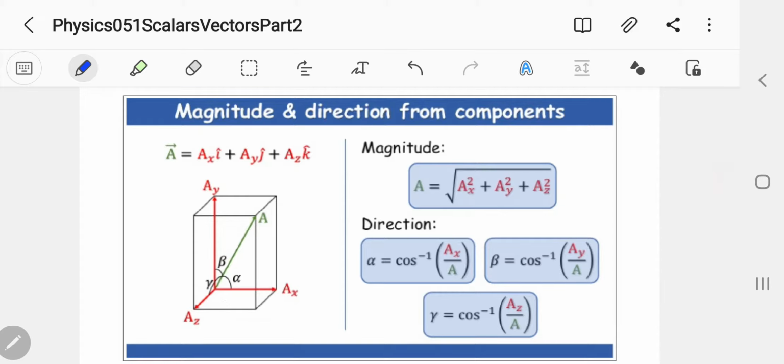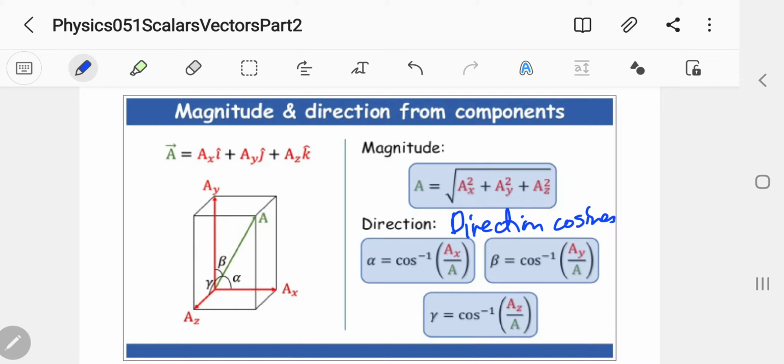So you have a different direction. Your a is located in space, and it makes some angles with respect to the xyz axes. So you have alpha, beta, gamma. These are the directions. These are the direction cosines of the vector.